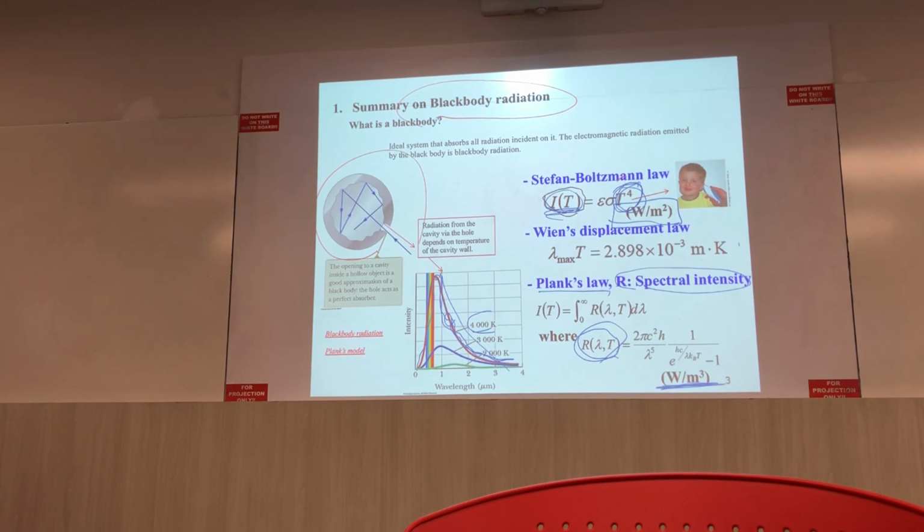In order to have the intensity, you must multiply this by the wavelength. Then we will have the usual intensity. So the spectral intensity does not give you the intensity directly. You must multiply the spectral intensity by the wavelength, then you will have the intensity.